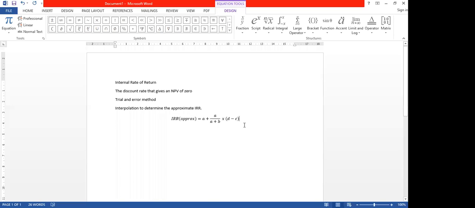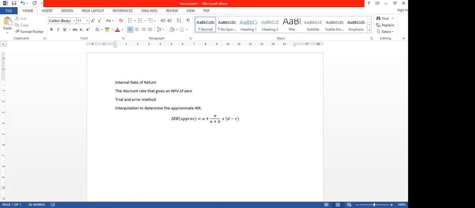Now I've tried to reduce the formula in a way that you can relate with it. A is the lower discount rate. Then A is the NPV of the lower discount rate. Then B is the NPV of the higher discount rate.